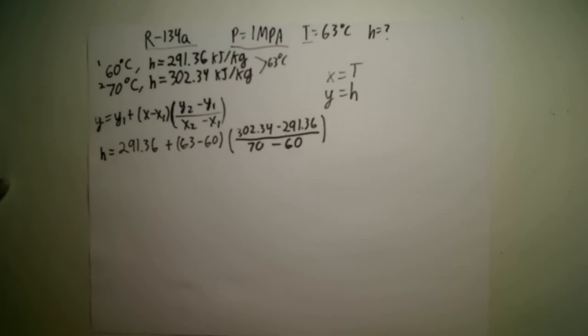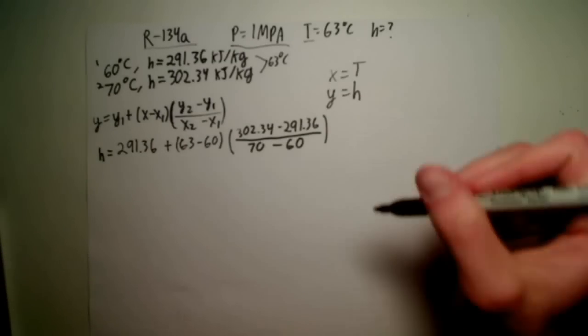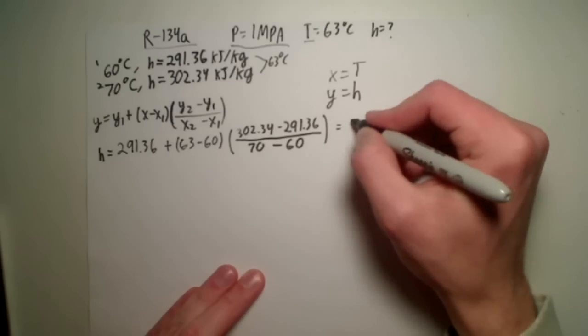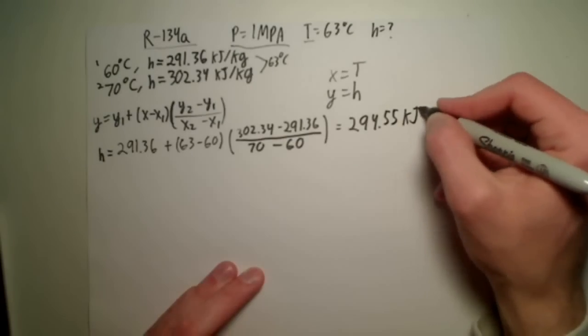If I take out my calculator, which is my iPod because I don't know where my calculator is, this is going to equal 294.55 kilojoules per kilogram.